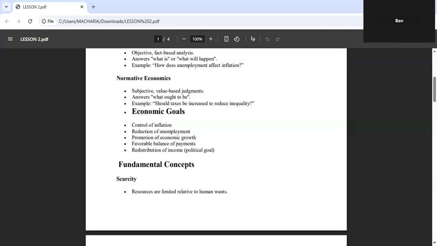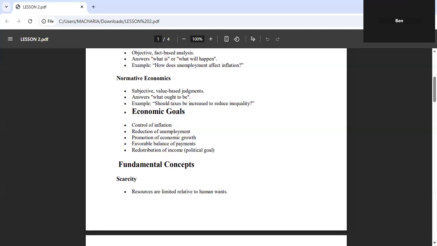Similarly, an economic goal is also to reduce the level of unemployment. When a country is growing economically, then a larger population of its citizens are able to get a job, or they're able to do something for a source of income, which increases the purchasing power of the citizens.